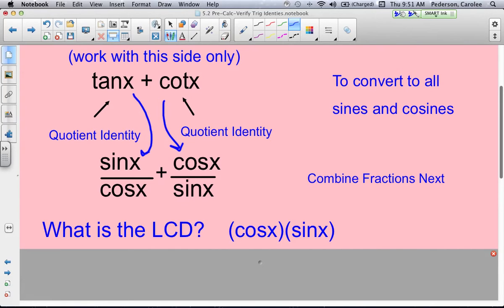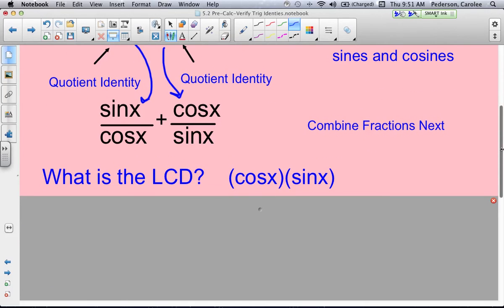So if we talk about that first fraction on the left, what am I missing on the left-hand side? I'm missing the sine of x. So I have to increase that first fraction by the sine of x and the sine of x. In the right-hand side fraction, what am I missing?